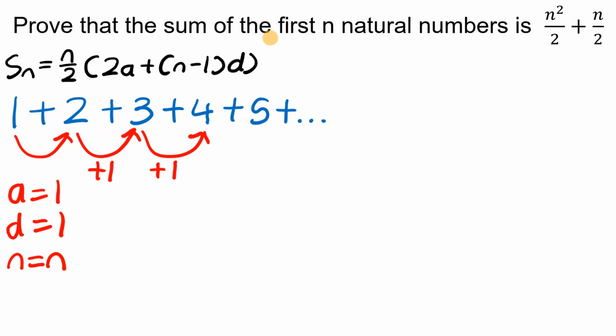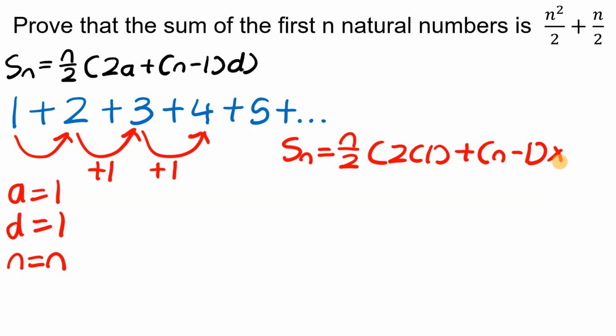And then we're trying to find the sum of the first n natural numbers. So if we just plug this into Sn, it's going to be Sn equal to n over 2, and then 2a, so 2 times 1, plus (n minus 1) times d, which is 1.